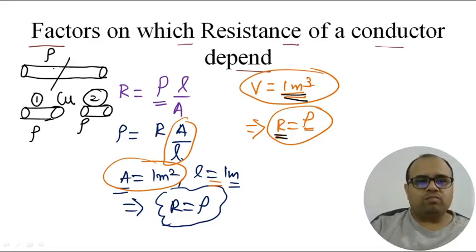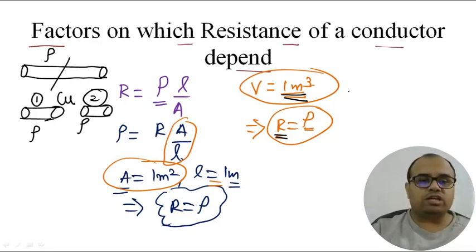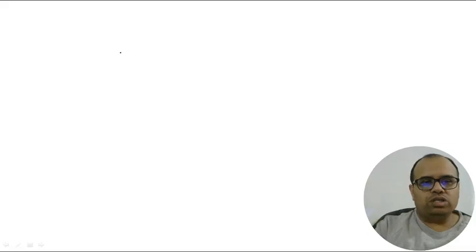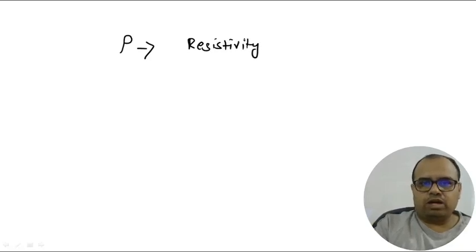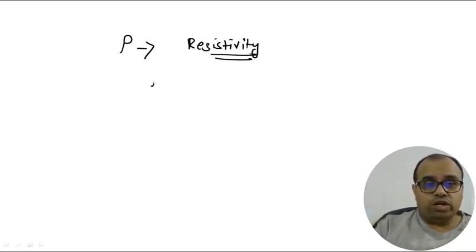So these are the factors on which the resistance of a conductor depends, and this is what the resistivity is. Rho is called resistivity. And do remember the unit of resistivity.